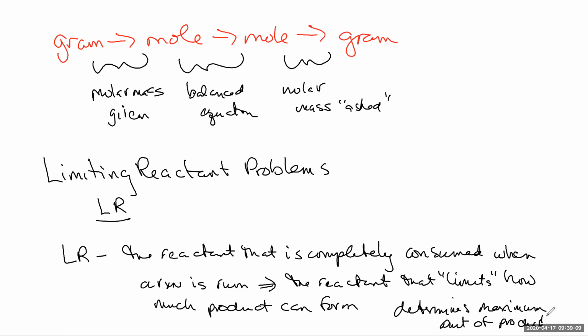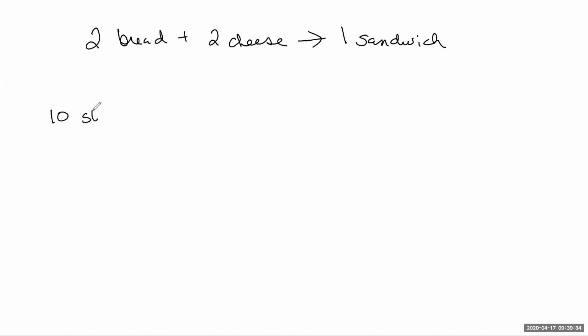Before we do this with reactions, just so you get the concept, what if we were making a sandwich? I'm going to write a silly kind of equation: 2 slices of bread and 2 slices of cheese will make 1 sandwich. If that was my balanced chemical reaction, and I have 10 slices of bread and 20 slices of cheese, bread and cheese are my reactants and sandwich is my product.